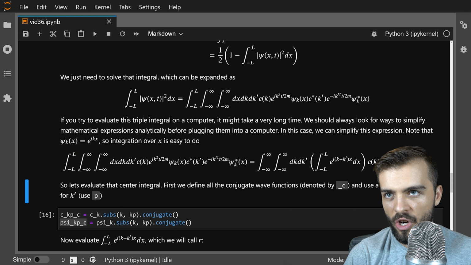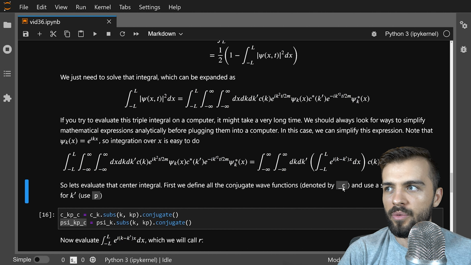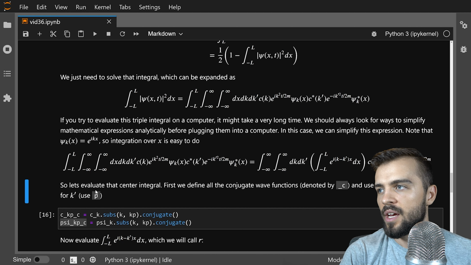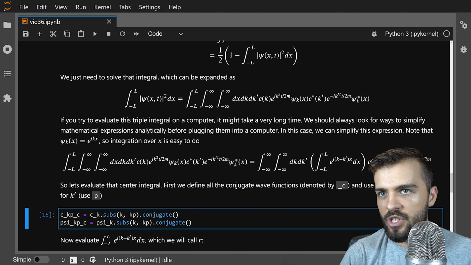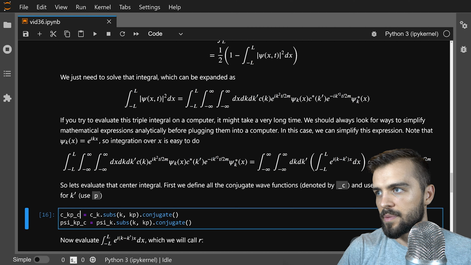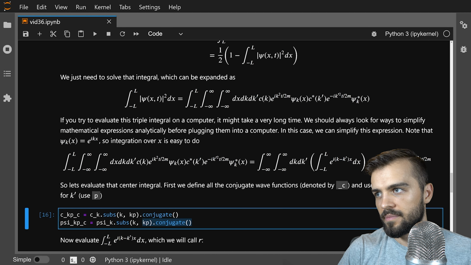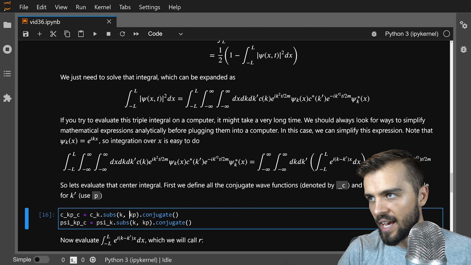So anything that's star, the complex conjugate, I'll put an underscore c to denote that, and anything with a k prime, I'll use a p for that. So c_k prime conjugate, which is just this function here, is defined here. And same with psi_k prime conjugate, same thing with psi here. So this is just c_k, except instead of having a k, I put a k prime.